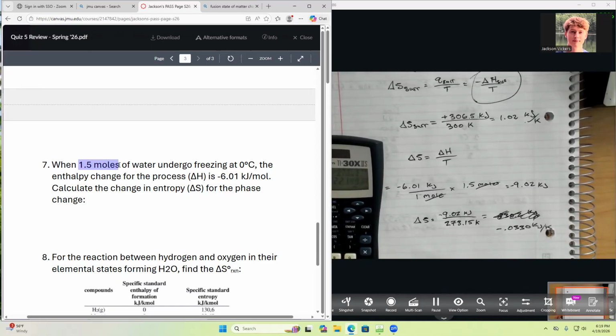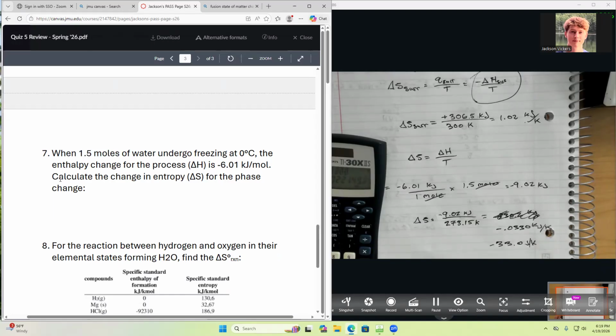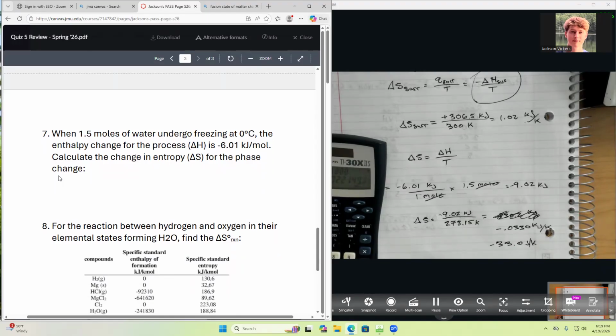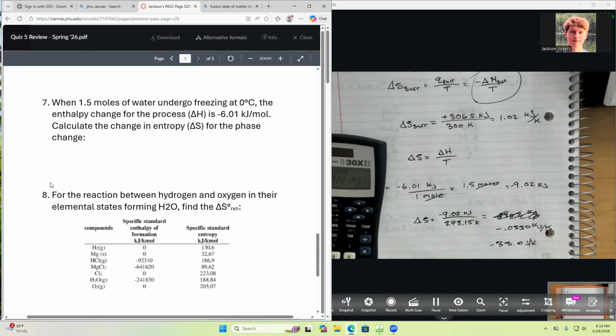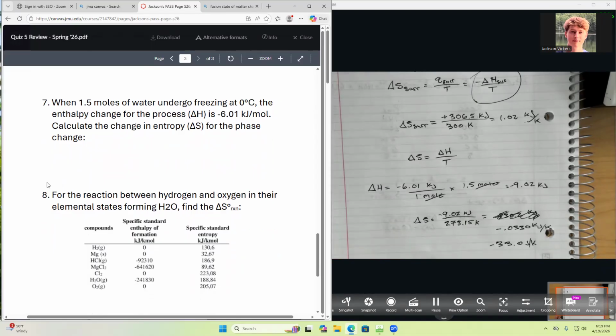A lot of times this is how the answer will look. So it makes more sense if we multiply this by 1,000 and write it as negative 33.0 joules per Kelvin. Does that make sense to everyone? Cool. Yeah, I find this stuff to be pretty boring as well. So it's kind of like you have to use these formulas, plug it in right, and hopefully it should be some not too hard problems.